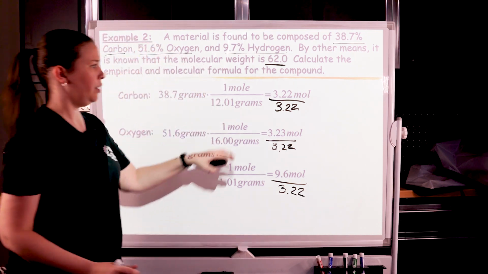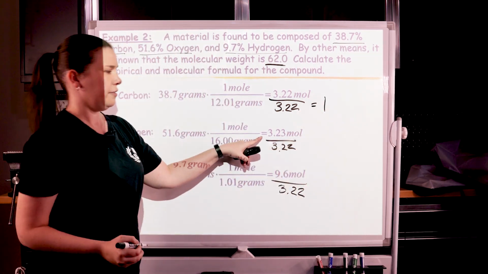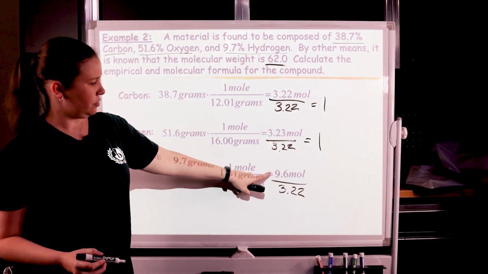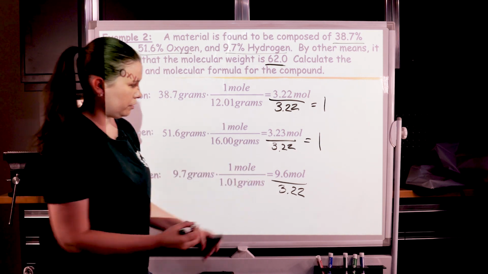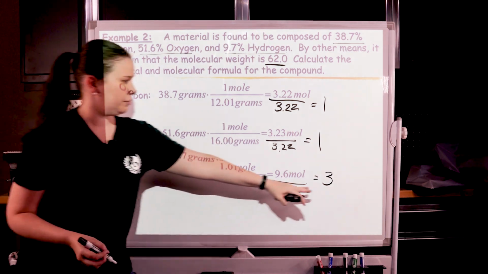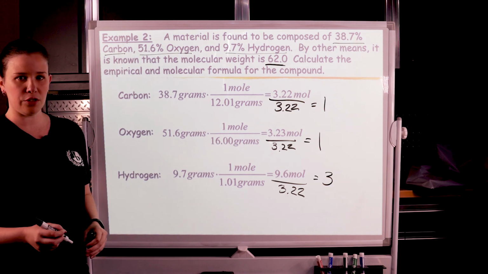Something divided by itself is, of course, 1. This is pretty much 1, right? Close enough. And then just look here at the beginning, 9 divided by 3, 6 divided by 2. This is pretty much 3. You can pop that in the calculator and see we're very close to 3. So we have a 1 to 1 to 3 ratio.